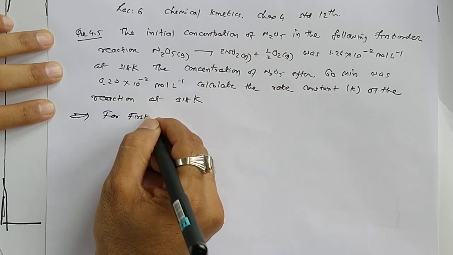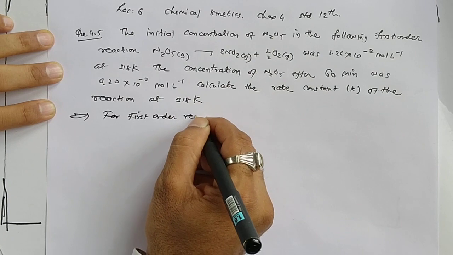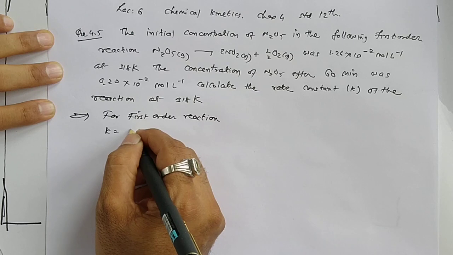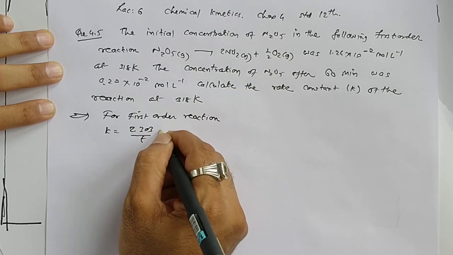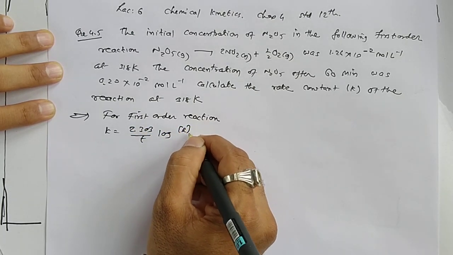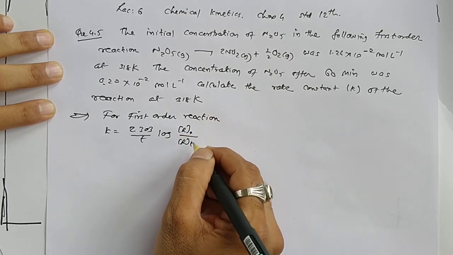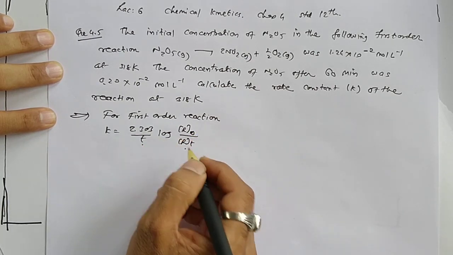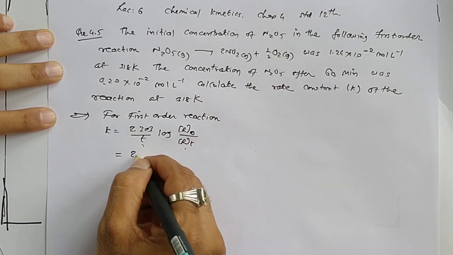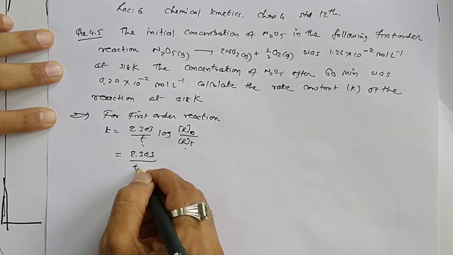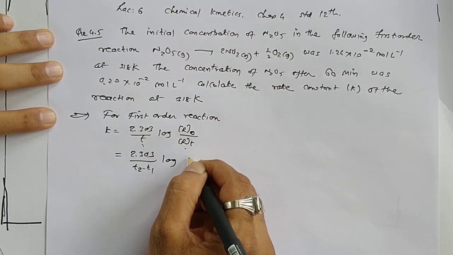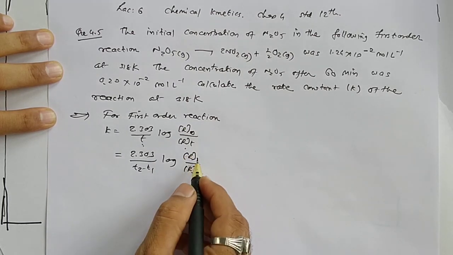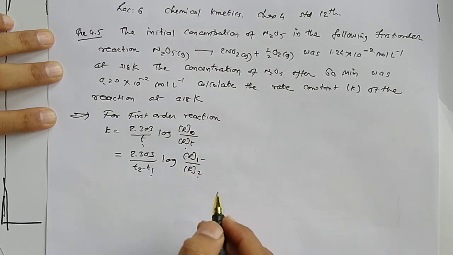For a first order reaction, we know K is equal to 2.303 upon T log R0 by RT. R0 means initial concentration, RT concentration at T time. So 2.303 upon T2 minus T1 log R1 upon R2 also. R1 is concentration at T1 time, R2 at T2 time.